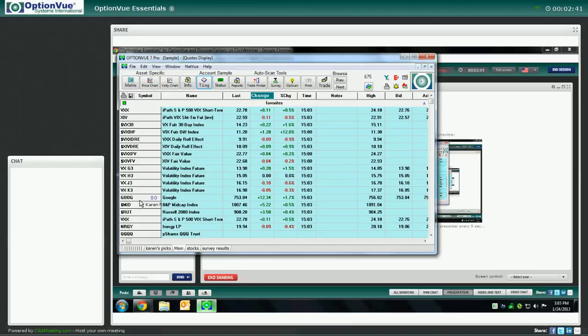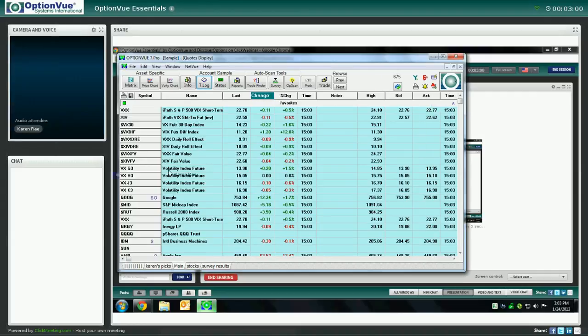Okay, today I wanted to get more into looking at Google, and Google was up $12.34 today, a change of 1.7%. When you first come into OptionVue, for those of you who are new, you will see several screens.